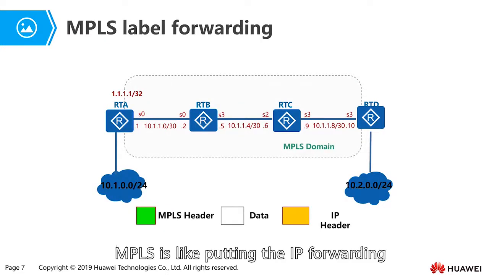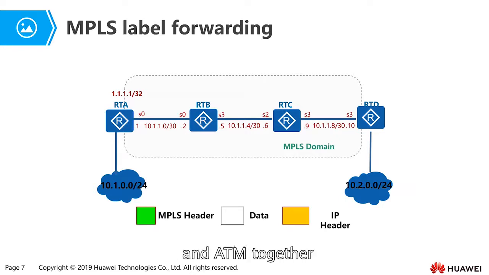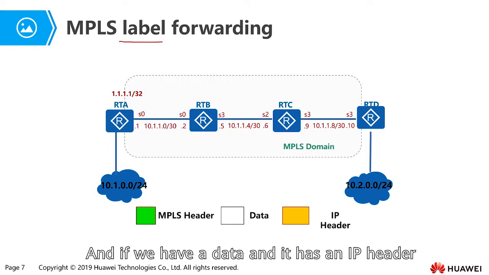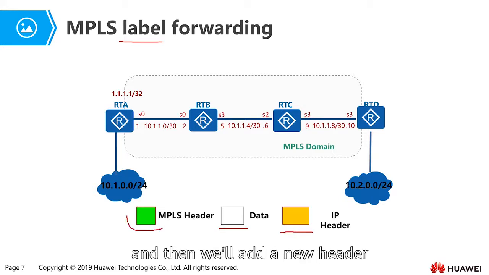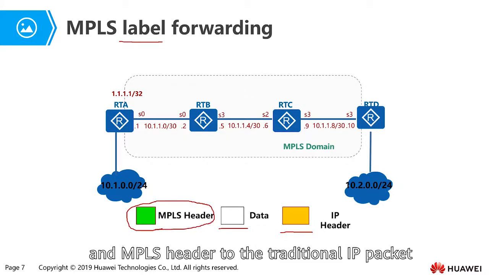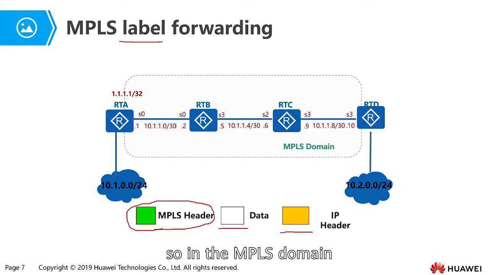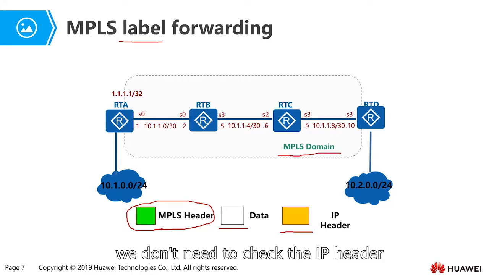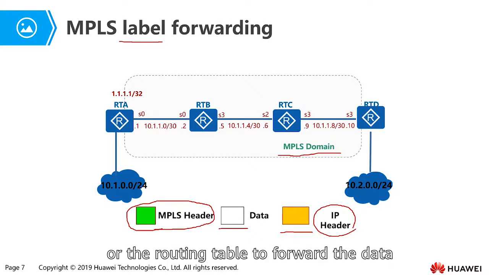So MPLS is like IP forwarding and ATM together. In MPLS, we use labels to forward the data. If we have data with an IP header, we add a new header, the MPLS header, to the traditional IP packet. In the MPLS domain, we don't need to check the IP header or the destination IP against the routing table.